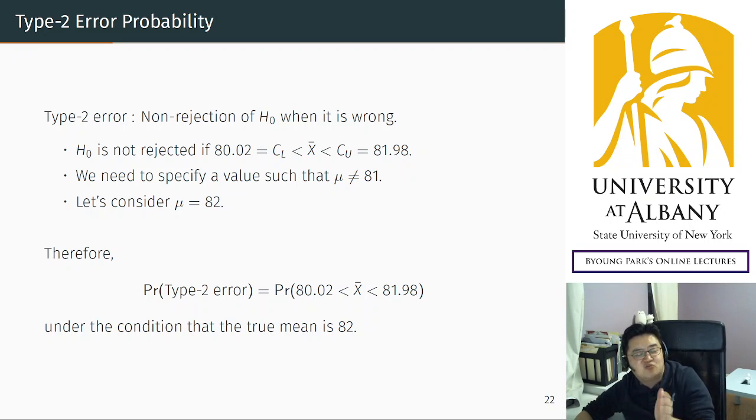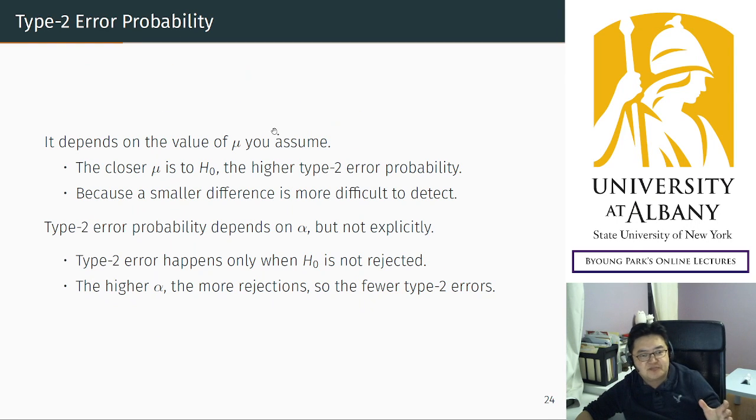But if you fail to reject it, that's type 2 error, which is more likely to happen when the fake is closer to the hypothesis. So if the difference is smaller, then there will be a higher probability of type 2 errors, right? That's one thing I want you to realize.